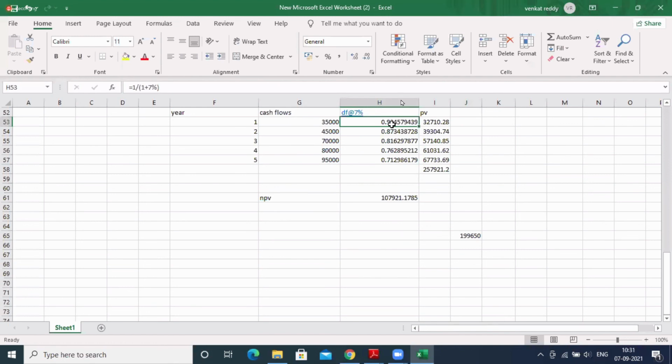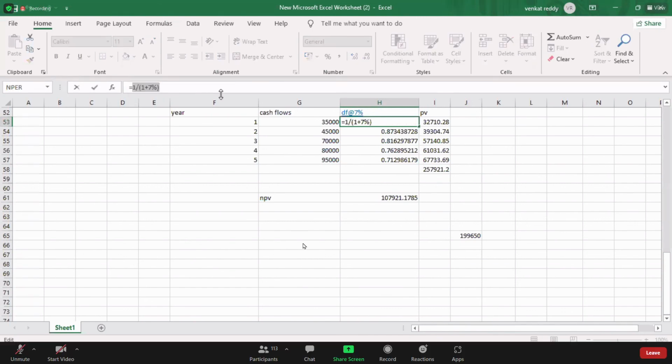Okay, calculation part. Suppose we assume 7% as our discount factor. The formula for calculating the discount factor is 1 divided by (1 plus r) whole to the power of n. For the first year, 1 divided by 1 plus r, where r is the rate of discount which we are considering, that is 7%.